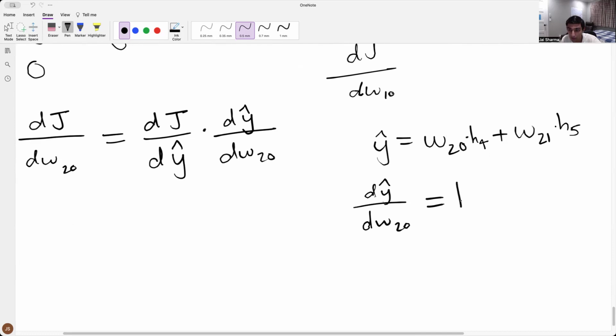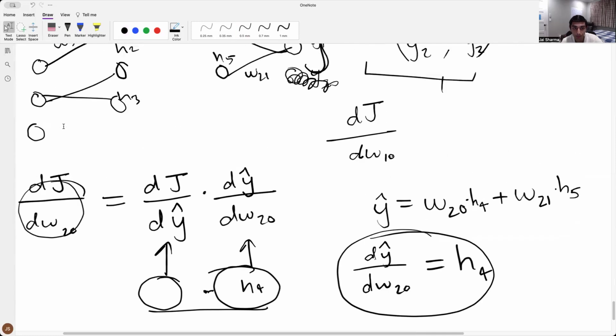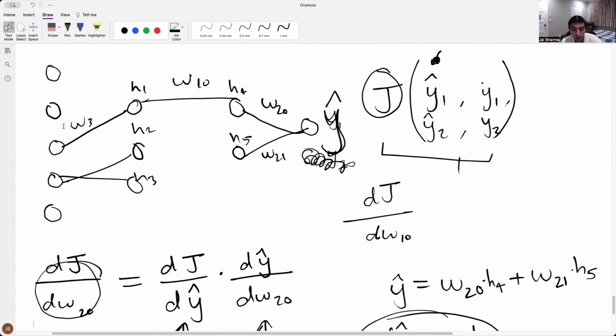So you would just have H4. That is your answer. And then the other part would be based on whatever your cost function is, and we've derived that before. Whatever this is times whatever this is, you multiply them together and get the update for W20.